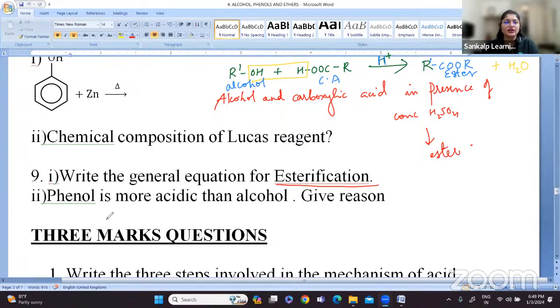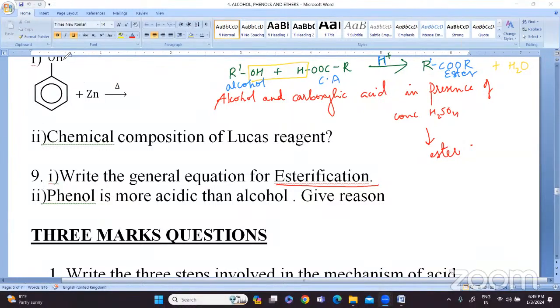Now, next question. Phenol is more acidic than alcohol. Students, give reason why phenol is more acidic than alcohol.